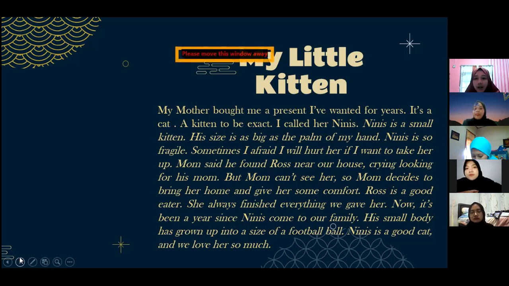But Mom couldn't see her. So Mom decided to bring her home and give her some comfort. Ninis is a good eater. She always finishes everything we give her. Now it's been a year since Ninis came to our family. Her small body has grown into the size of a football. Ninis is a good cat and we love her so much.